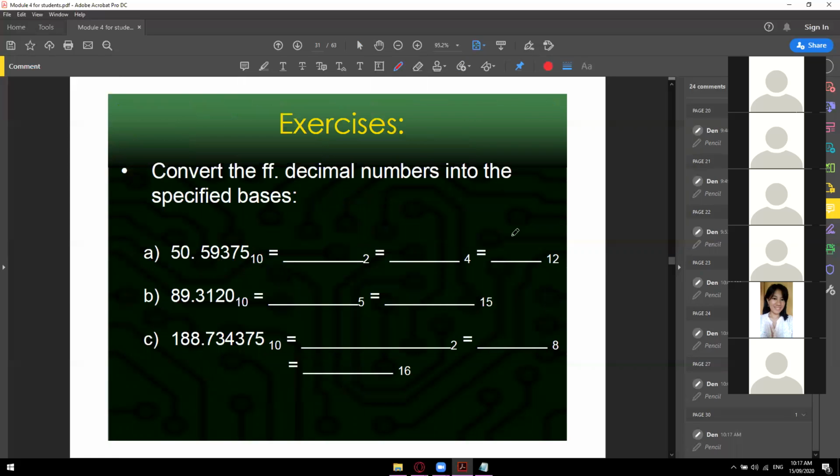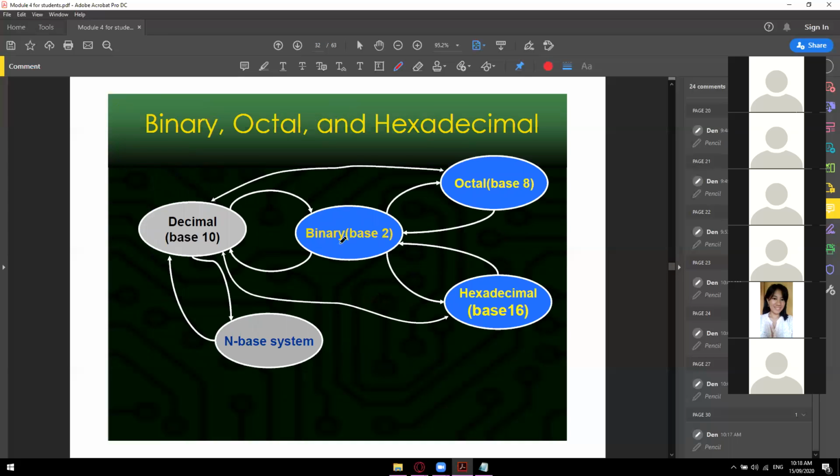Okay, moving on. Supposedly, you would have another activity again, but again, we have no more time. So I'll just give you your quiz as the one quiz of this module. It's a combination of everything: binary to decimal, decimal to binary, and so on and so forth. So, there's still more. Okay?